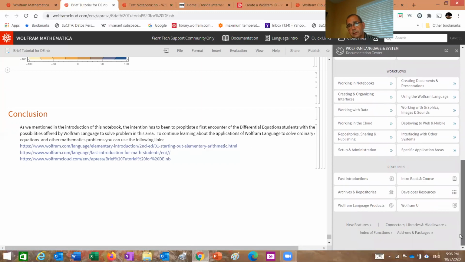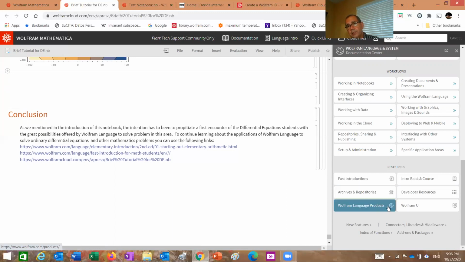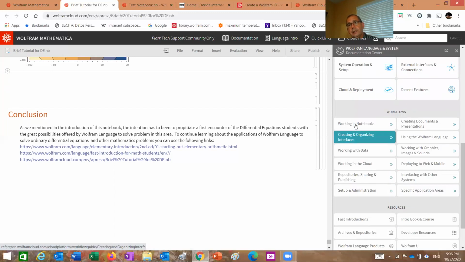You see, you can go to the fast introduction, books and courses, archives and repositories, developer resources, Wolfram Language products, and so forth. So working in notebooks, creating and organizing interfaces, working with data.